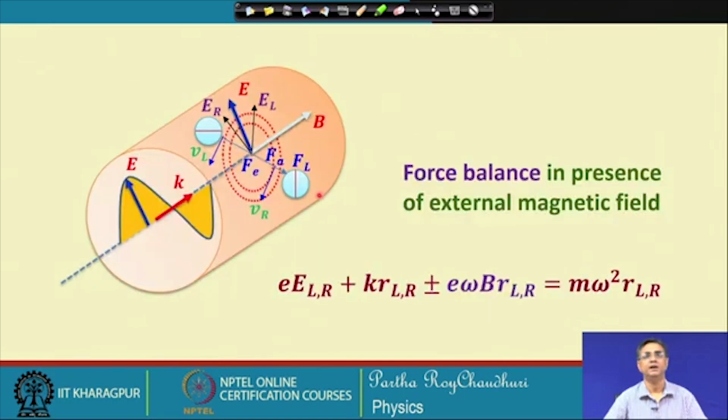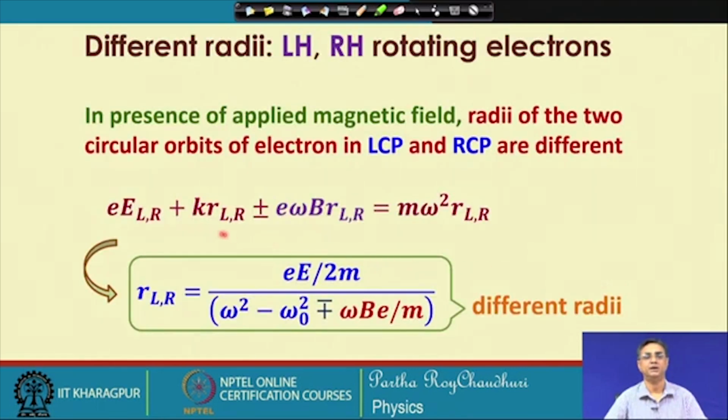So, that is very clear, and we can write down the equation of motion of the two electrons, with r double dot plus k r for L and R, plus or minus e omega b r, and so on. So, from this equation now we can again determine the values of r for L and R, which will turn out to be different.